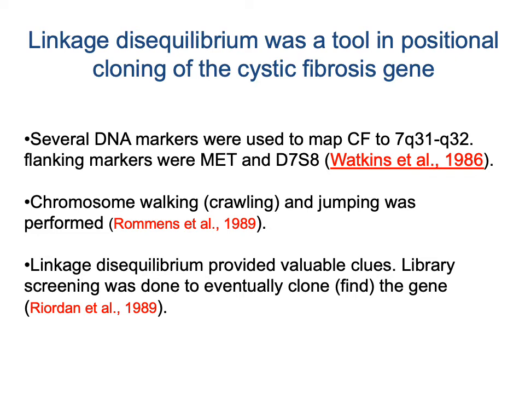After the location was narrowed down, a method called chromosome walking and chromosome jumping was used, and we're not going to talk about those methods in great detail, but that helped them narrow down the region even further. And then linkage disequilibrium helped provide valuable clues to help them decide which markers were really closely linked and where they should focus their attention. And as I said, library screening is eventually done to clone the gene to get the sequence.